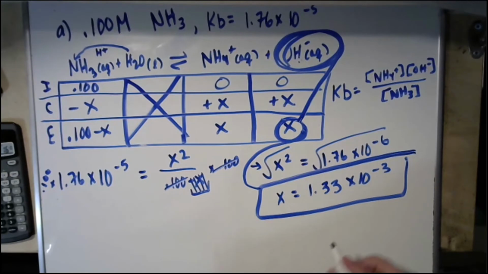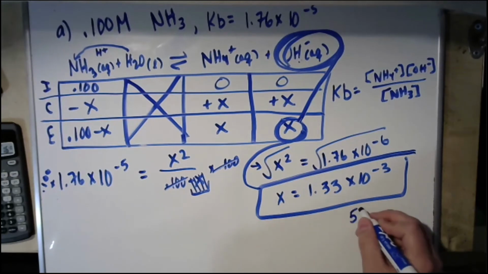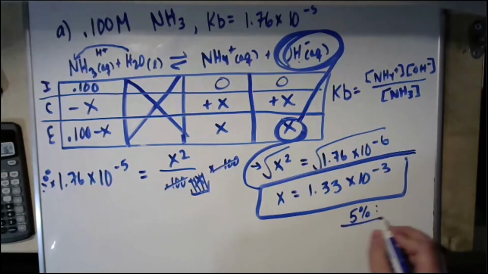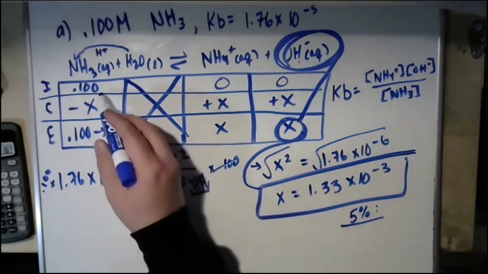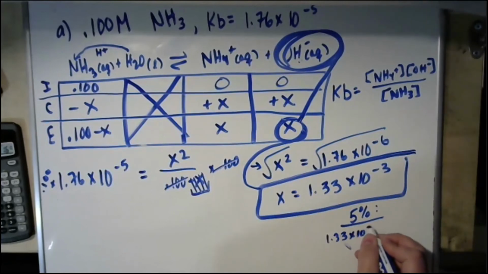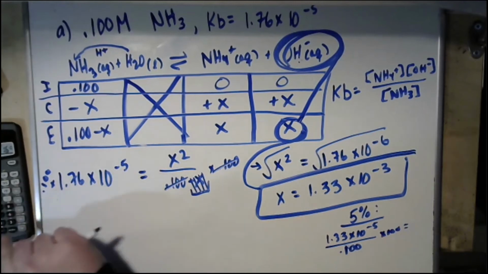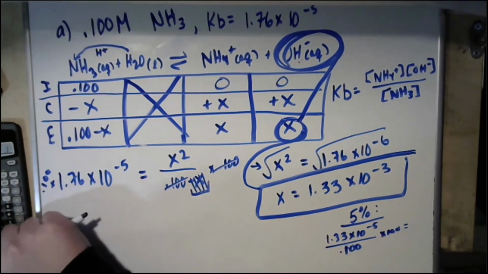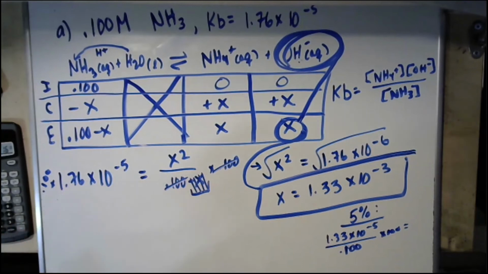Okay, before I move on, I'm just going to do my 5% check really quickly. So I'm going to take my X value and divide it by 0.1, multiply it by 100. You always want to double check this. Okay, and it's 1.33%, so that's fine.